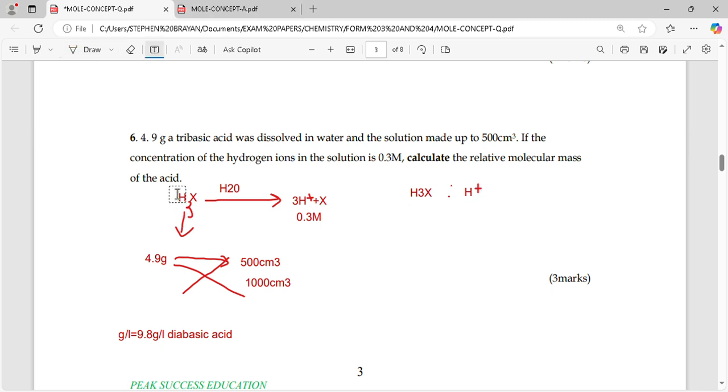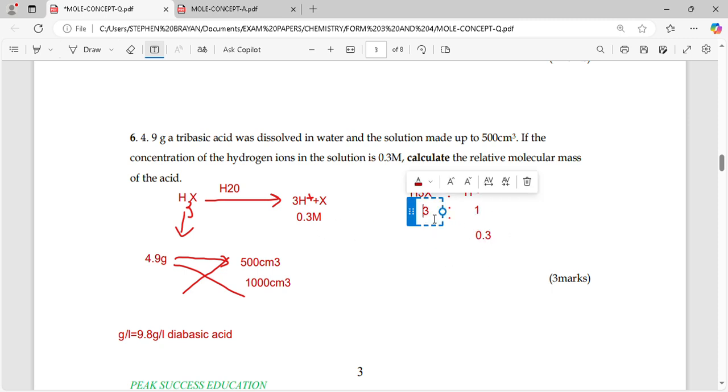Here there is nothing, but here there is 3. So that means our mole ratio is ratio 3 to ratio 1. So because we have the moles of the hydrogen ions as 0.3, then we can also get the concentration of this dibasic acid.